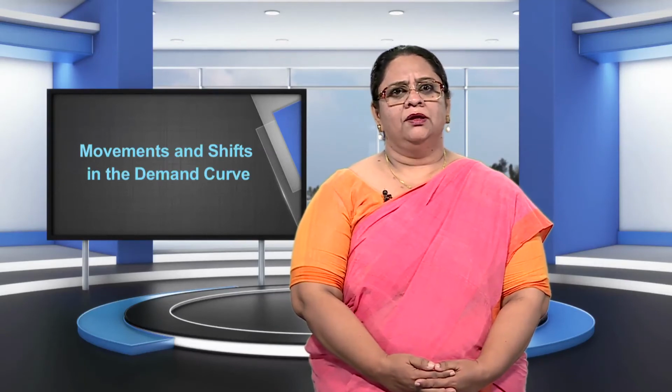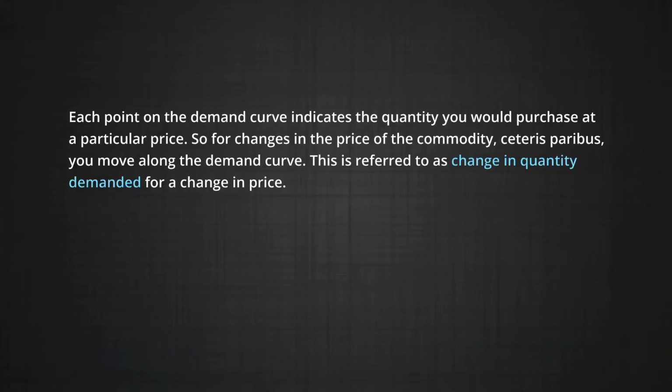The demand curves, which we drew in figures 4 and 5, were drawn with the assumption that other things remain unchanged. Each point on the demand curve indicates the quantity that one would purchase at a particular price. So, for changes in the price of the commodity, ceteris paribus, you move along the demand curve.